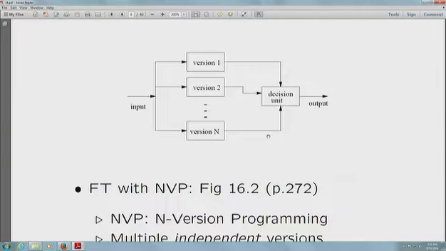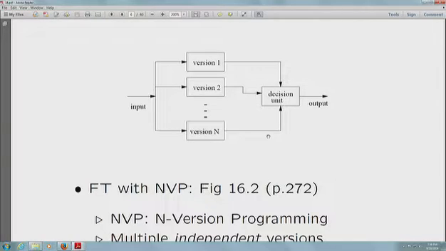So for example, we mentioned this addition, 2 plus 2. One person uses a calculator to calculate 2 plus 2, another one uses a PC, another one uses a smartphone, and another one uses a supercomputer, and another one uses paper and pencil. So you got the fault tolerance there, and probably in this case most of them agree that it's 4, and if someone says it's a 5, you can outvote that one.